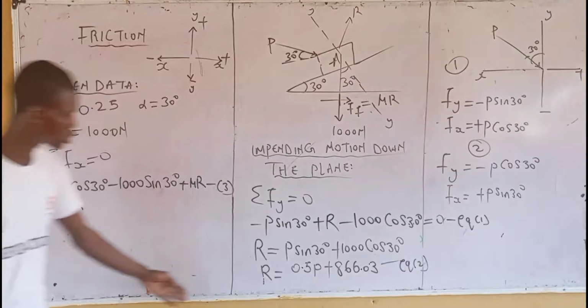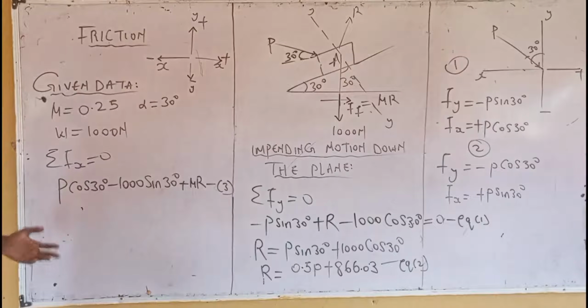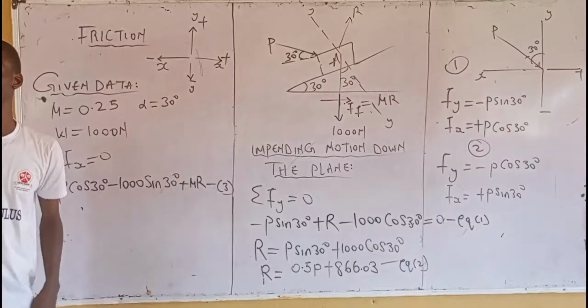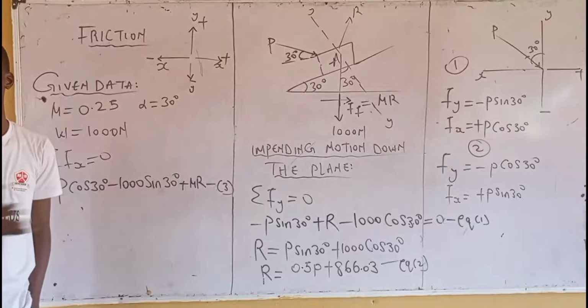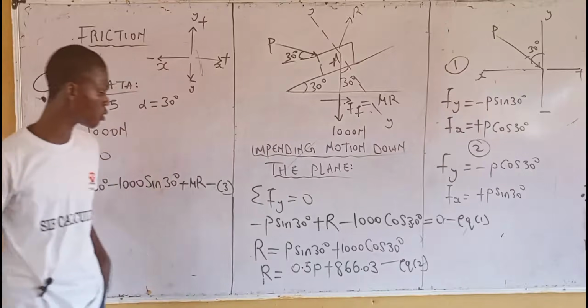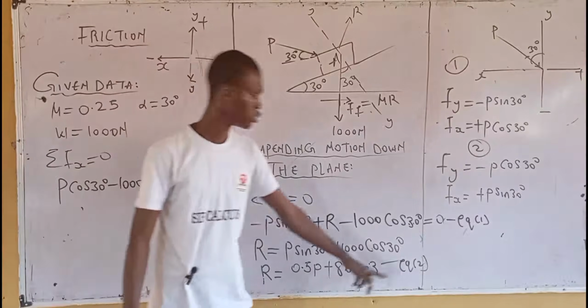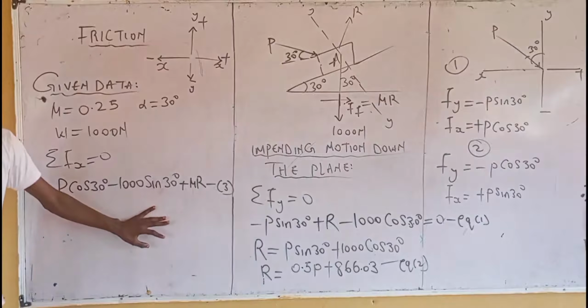From equation 2, I need the value of r. From equation 3, I need the value of p. So I can introduce simultaneous equations here, if you are good at it. But here I'll be doing the substitution method. Since I know the expression for r in equation 2, I'm just going to substitute it in equation 3. You get the point?